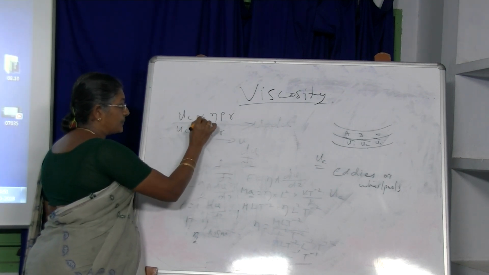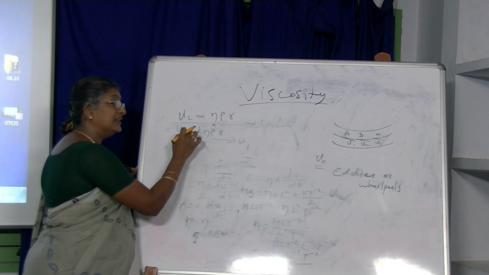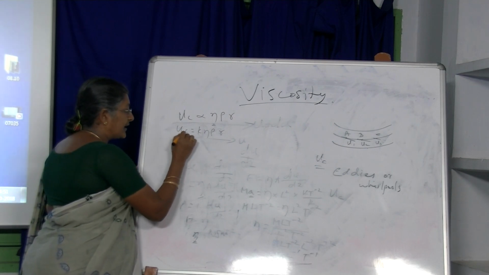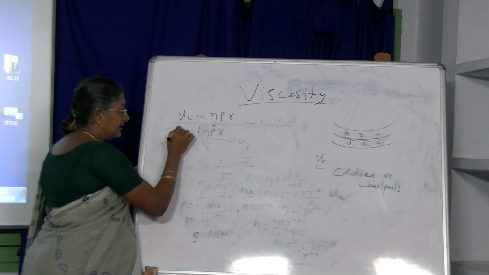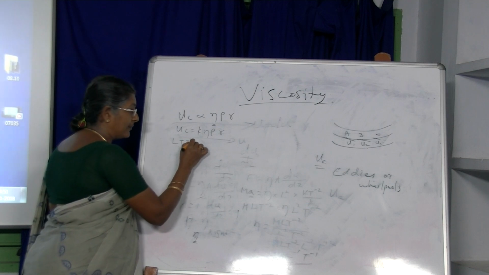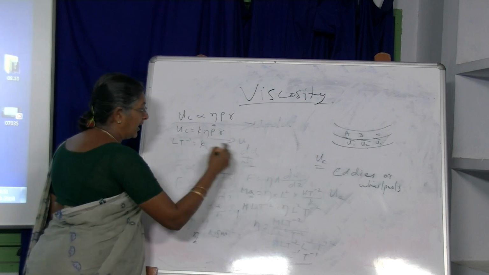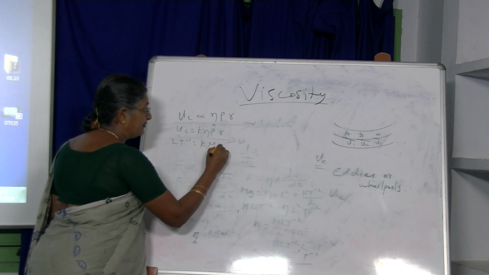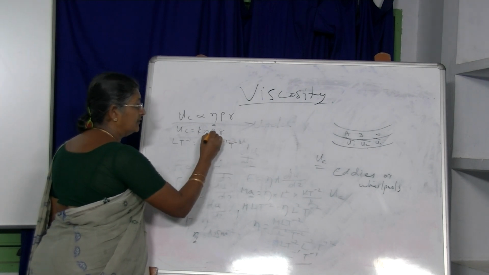Now we remove this proportionality by introducing a constant called the Reynolds number K. Now you can write the dimensions for this. Again, the velocity is nothing but L T power minus 1, and for eta we have already derived M L power minus 1 T power minus 1. What is rho?